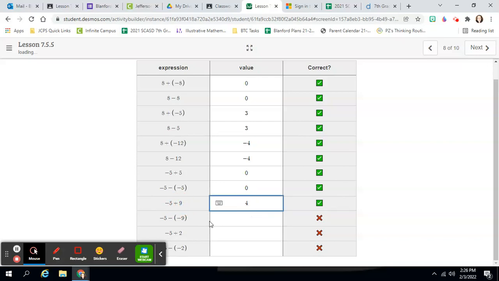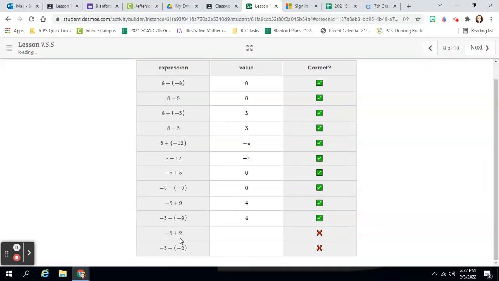So we're left with a positive 4, which is the same as -5 minus -9, because subtracting is the same as adding +9. So -5 plus +9, well, we already know is 4. And lastly, -5 plus 2, we're going to end up with a -3. And -5 minus -2, well, it's the same thing as adding +2. So -5 plus 2 is -3.